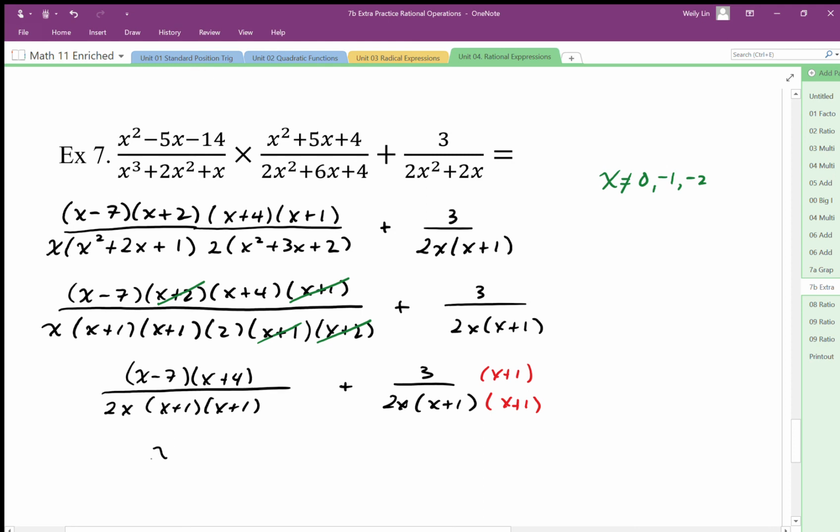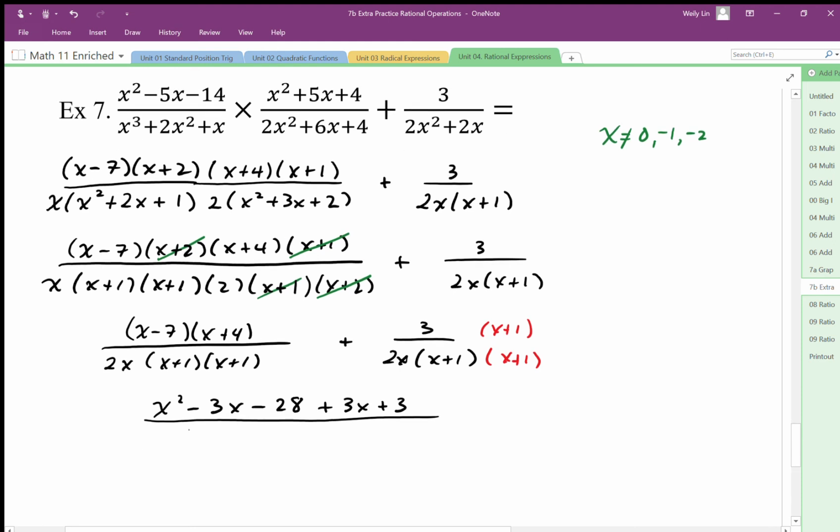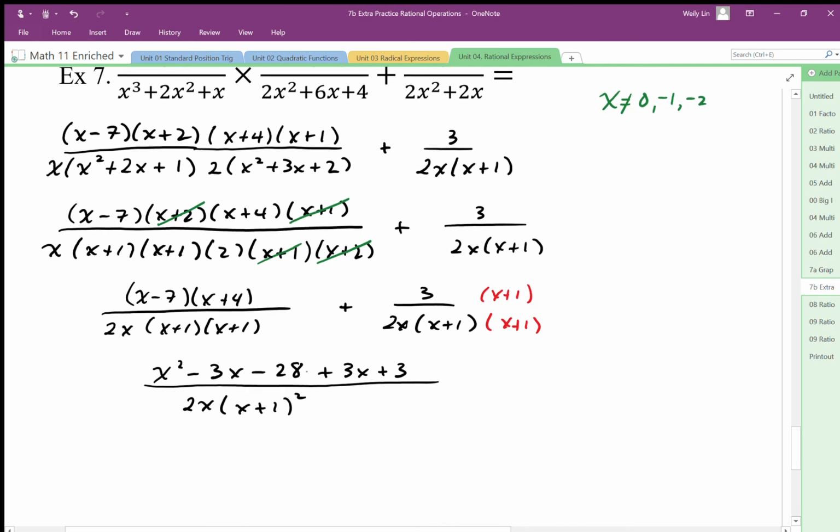So I end up with x squared minus 3x minus 28 plus 3x plus 3. Okay, my common denominator, I'm just going to write this as x plus 1 squared, and then combine like terms.